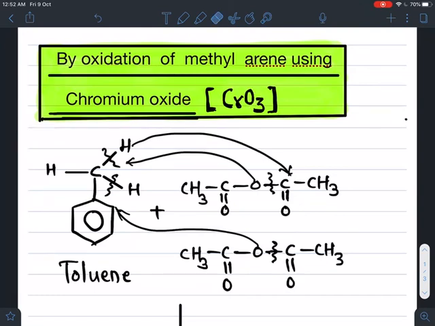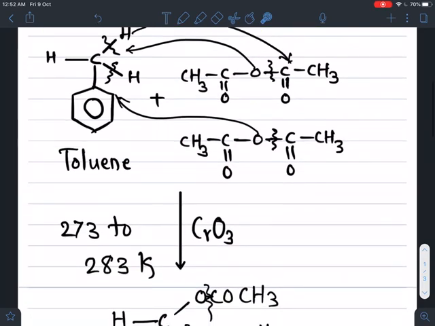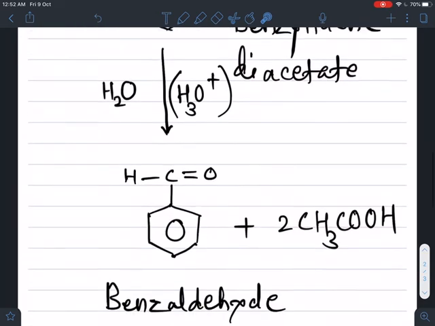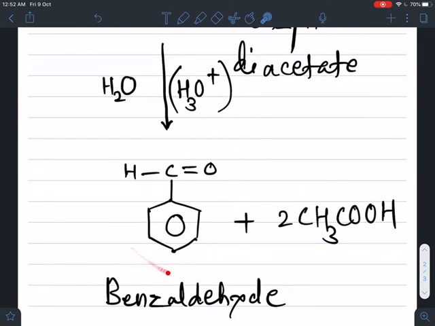Once again, when toluene is treated with acetic anhydride in the presence of CrO3 at 273 to 283 Kelvin, we get benzylidene diacetate as an intermediate product, which on further acid hydrolysis is finally converted into benzaldehyde.